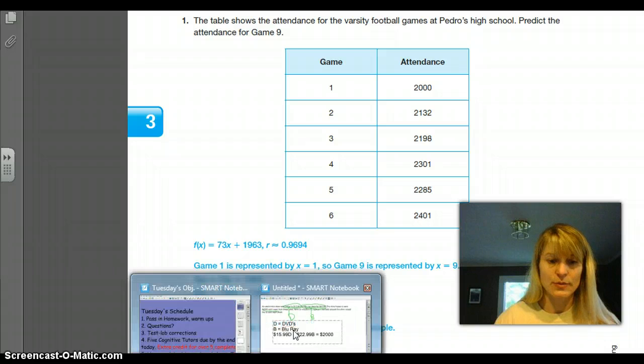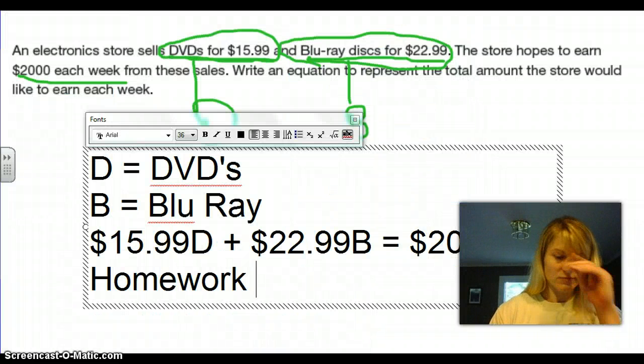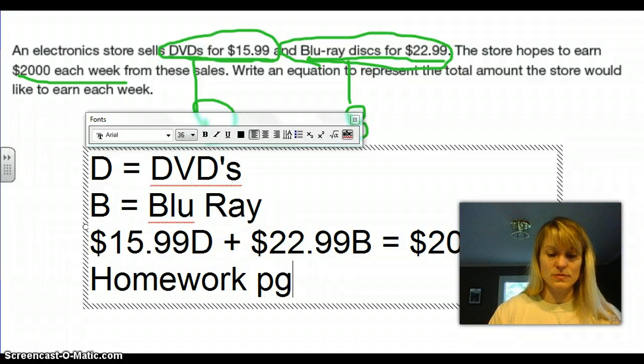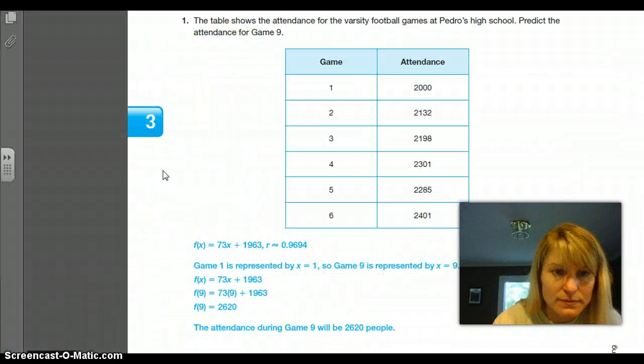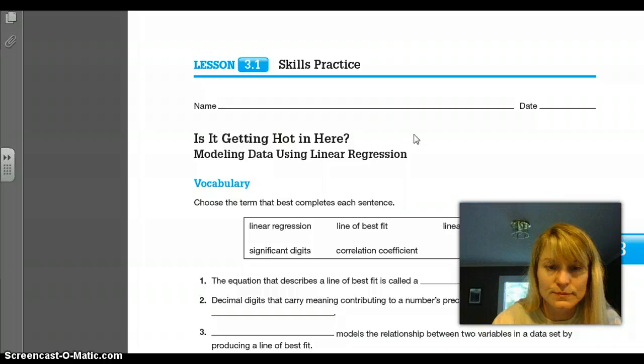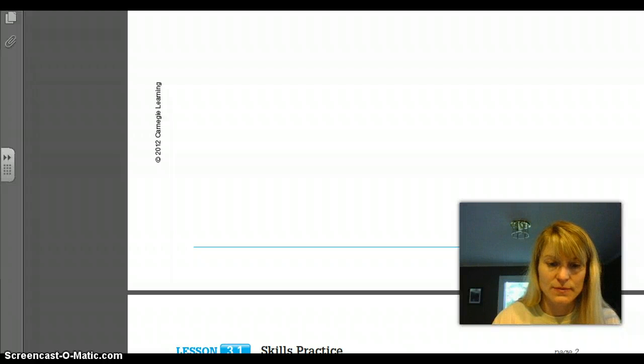So for those visual people, your homework is, what page was that? The vocabulary is on page 325, okay?